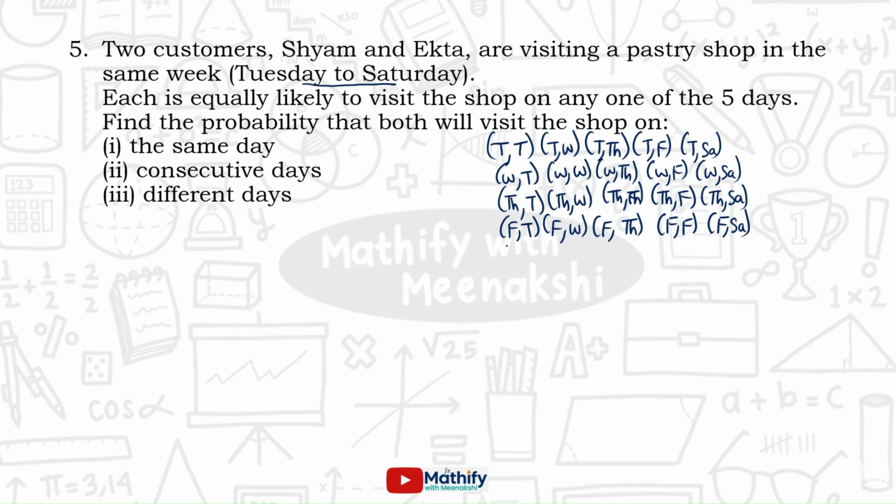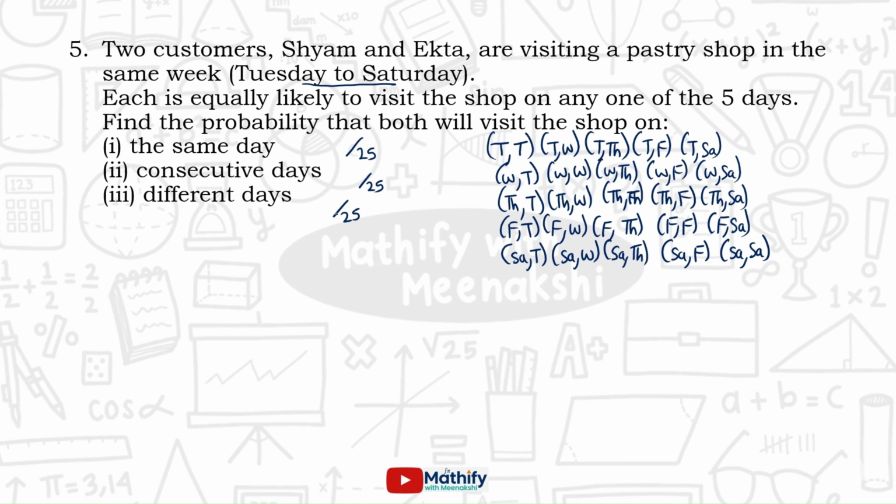And last, Saturday-Tuesday, Saturday-Wednesday, Saturday-Thursday, Saturday-Friday, and Saturday-Saturday. These are the total possibilities. That means 25, in all the cases, 25.